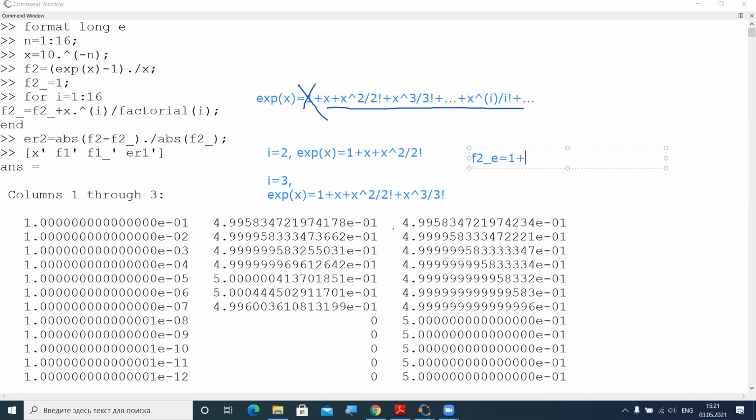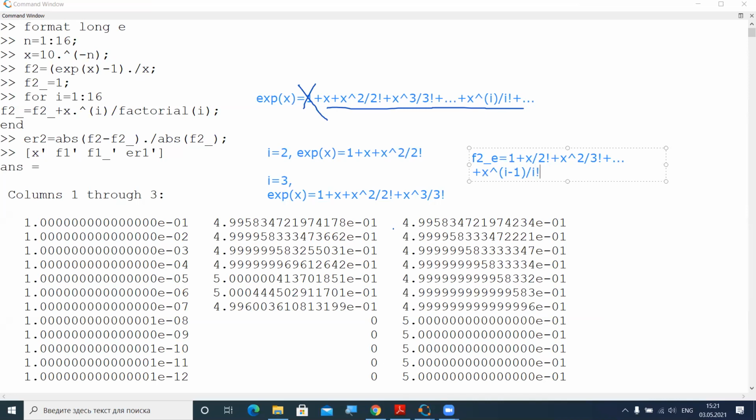Now it will be 1 plus x over 2 factorial plus x squared over 3 factorial plus etc. plus x to the power i minus 1 over i factorial.